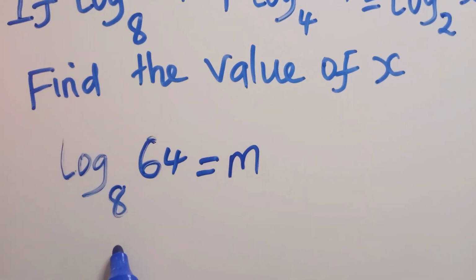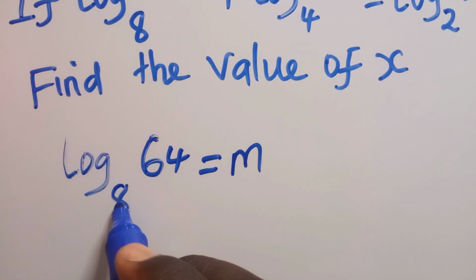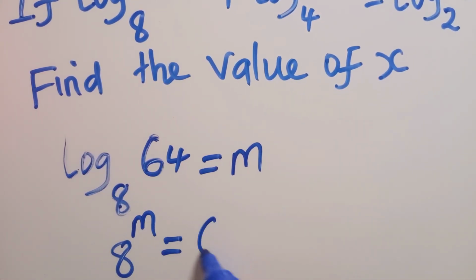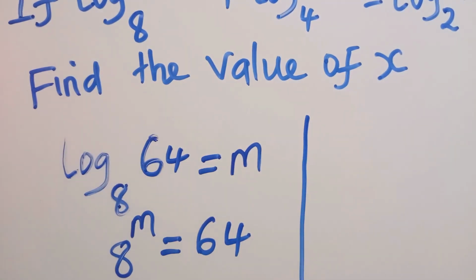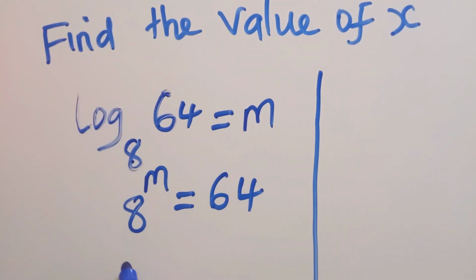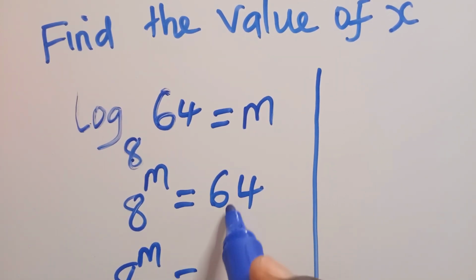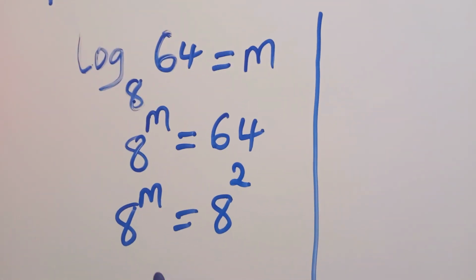This is 8 raised to m equals 64. Instead of writing 64, we can write it as 8 squared.